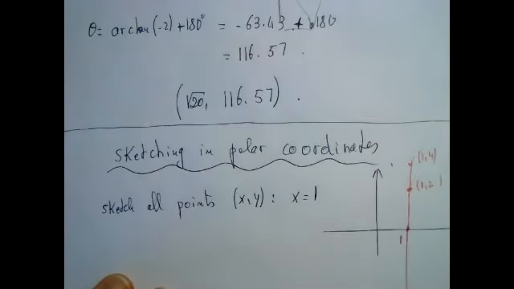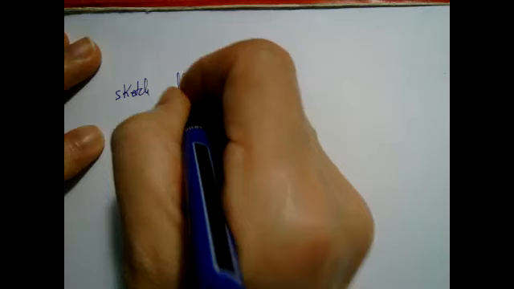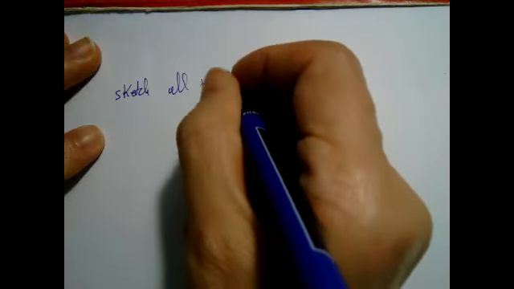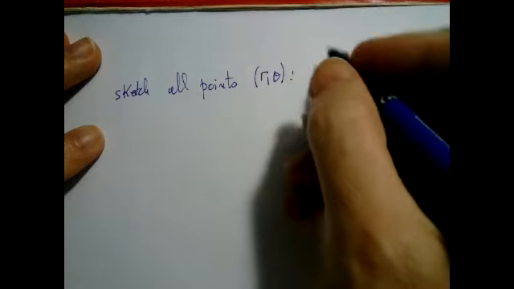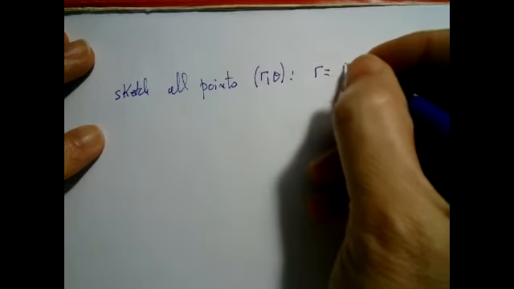Now, I want to do something similar, but I'm going to work with polar. So suppose I tell you the following. Part 1: sketch all the points (r, theta), such that r equal to 2.